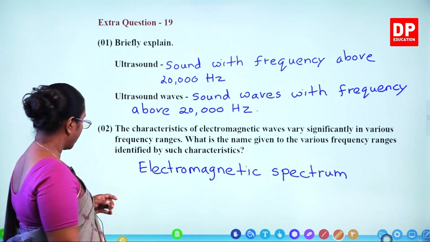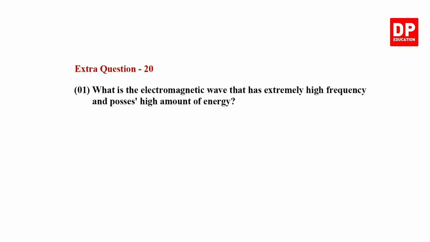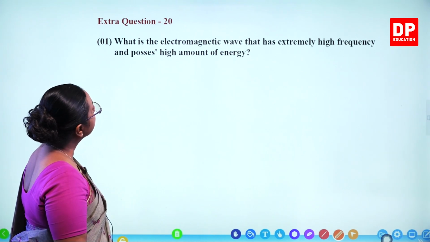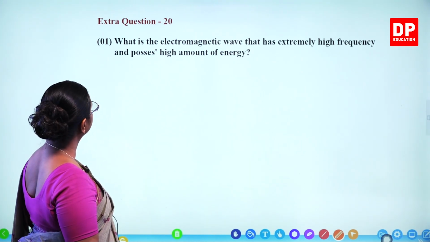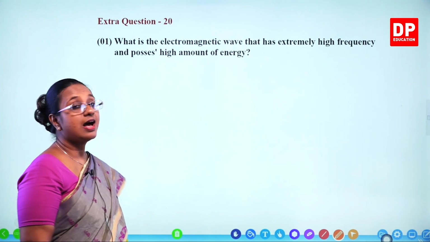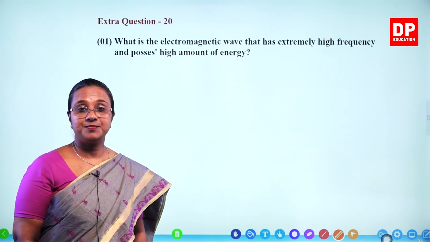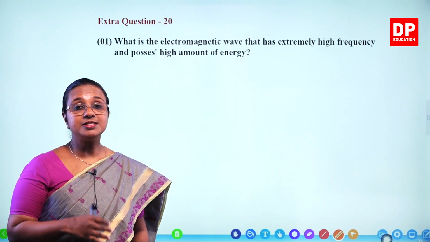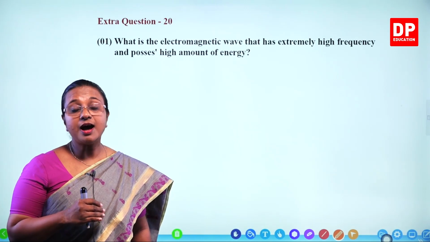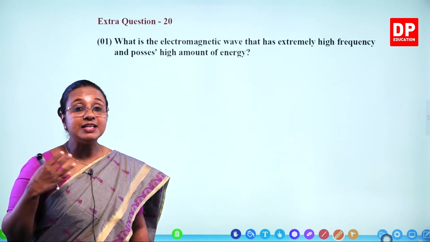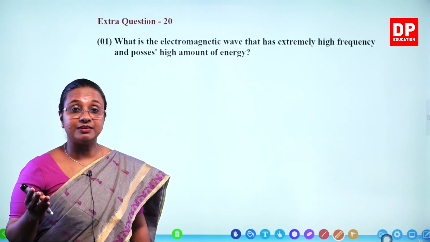Then I will move on to the next question. Extra question 20. What is the electromagnetic wave that has extremely high frequency and possesses high amount of energy? You all can remember, students, when you go from the lowest frequency to the highest frequency, the energy of the waves also increases.